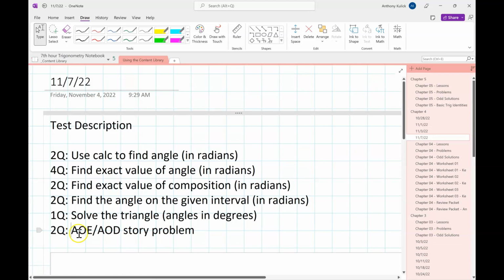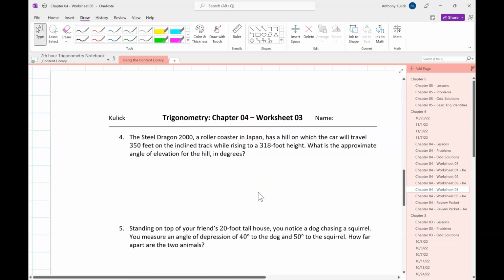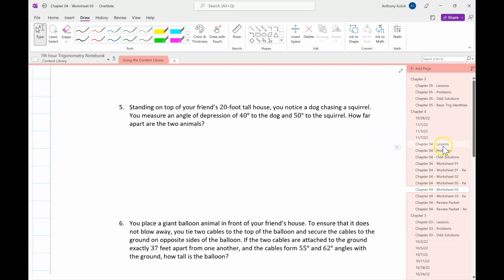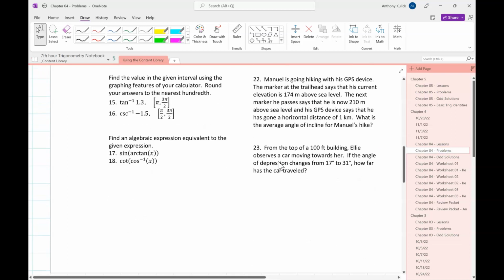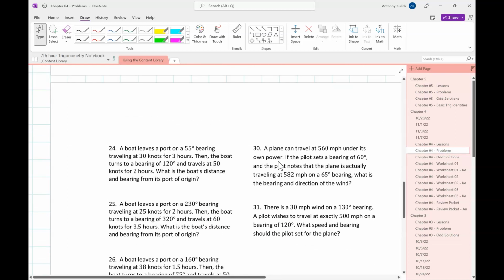And then 2 questions using angle of elevation or angle of depression story problem situations. So again, this would be just like stuff you did in worksheet 3 or the problems like 19 through 23 or whatever.